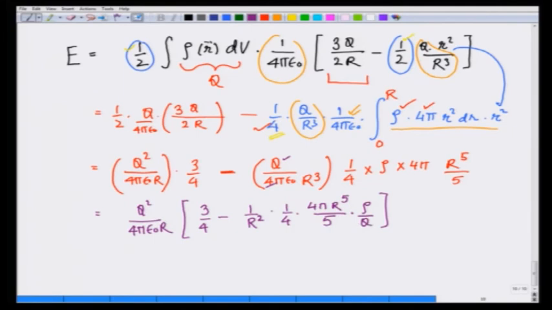Let's again now cancel a few things. This r square with r 5 gives me r cubed here.